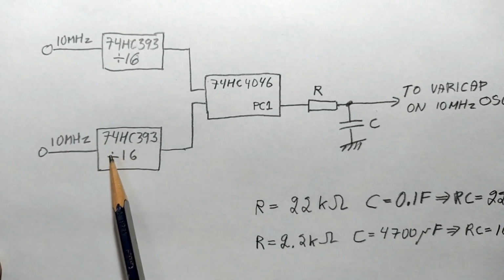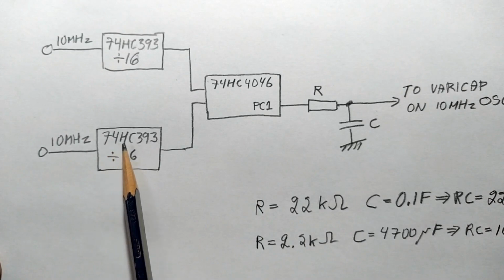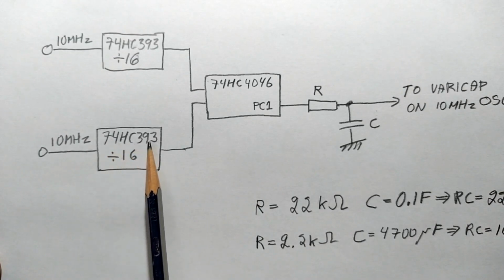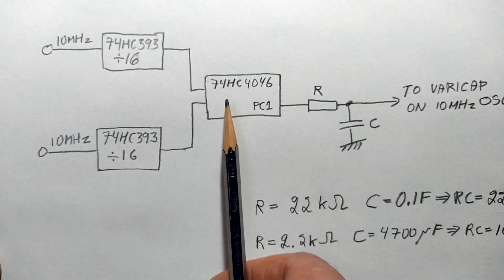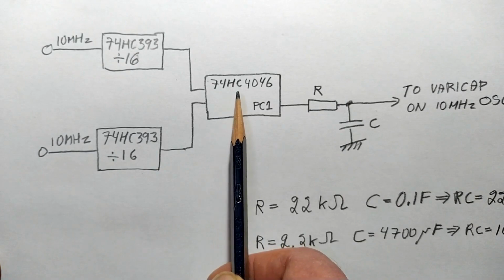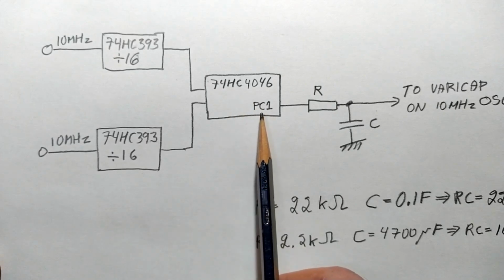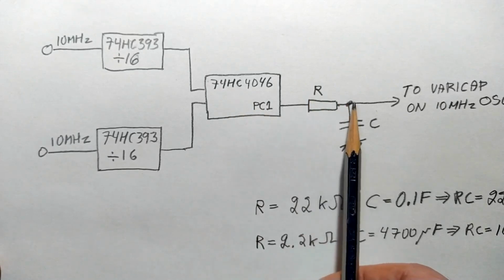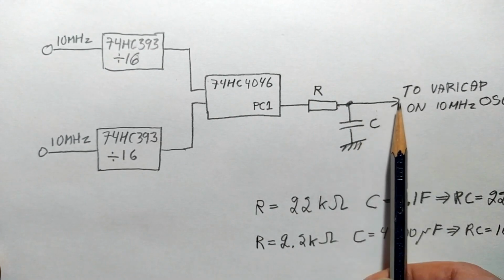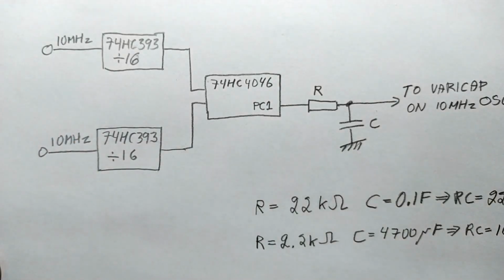First to divide by 16, 74HC393, and then a PLL chip, 74HC4046, phase comparator 1, and then an RC link, and then to the varicap on the 10 MHz oscillator, one or the other from the two systems.